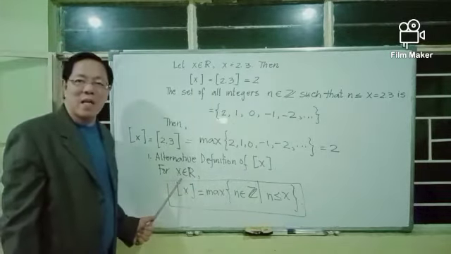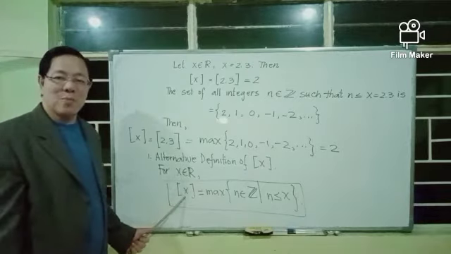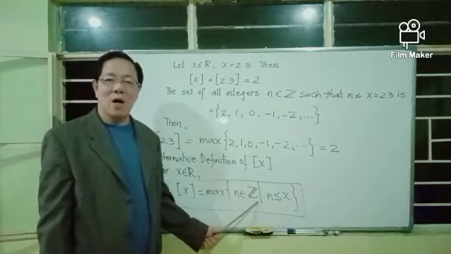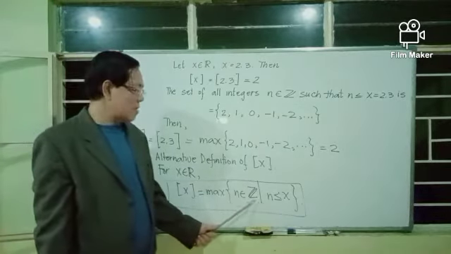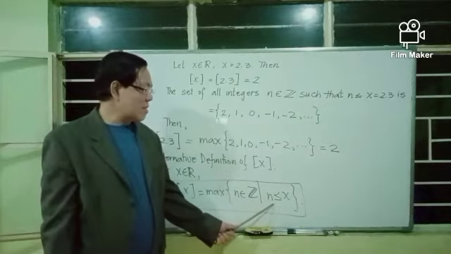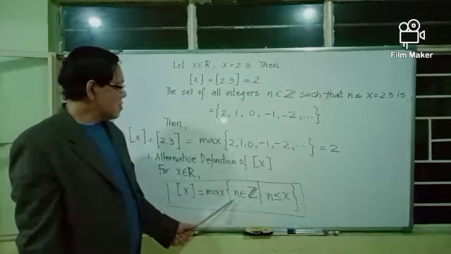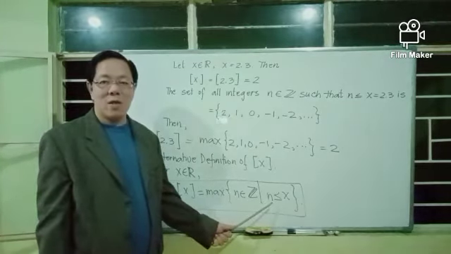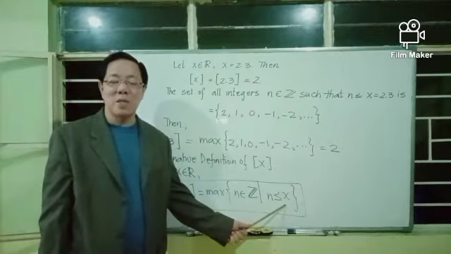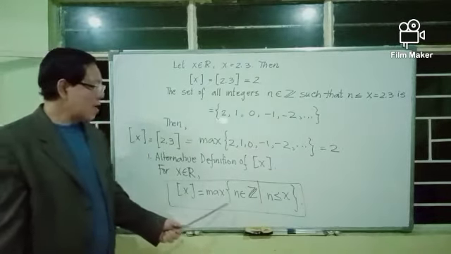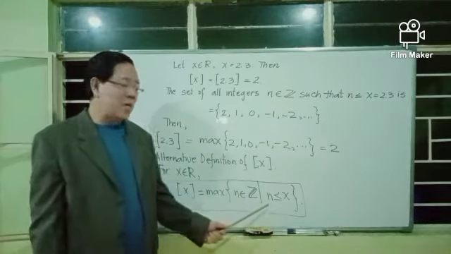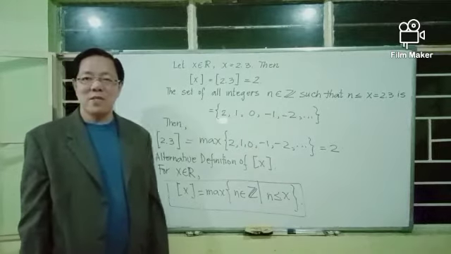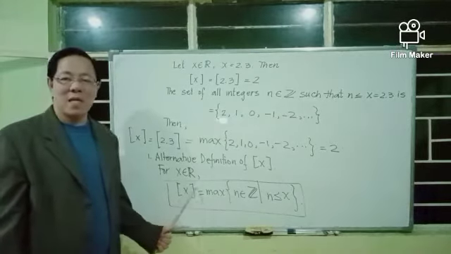For any real number x, the greatest integer function of x is equal to the maximum, the largest element, of the set consisting of integers n, elements of Z, such that n is less than or equal to x. The elements of this set are all integers that are less than or equal to the given real number x. The largest element, or the maximum of this set, is defined as the floor of x, or the greatest integer function of x.